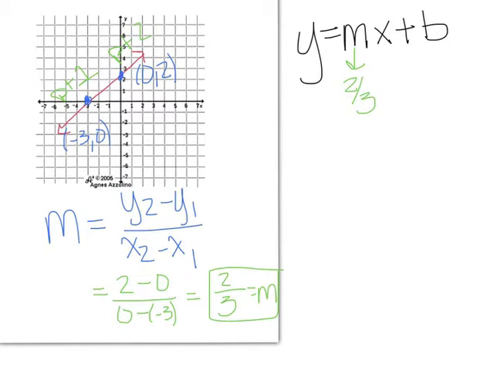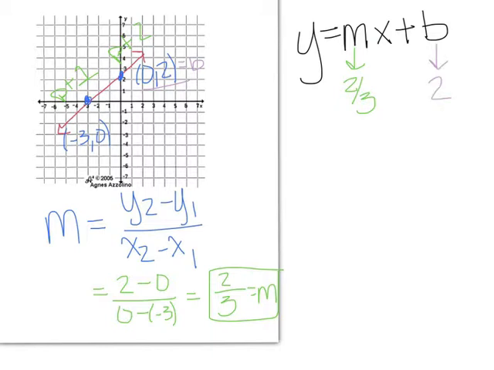Then we'll need the y-intercept. And the y-intercept, remember, is what happens to y when x is 0. So we have the y-intercept right here. So when x is 0, y is 2. So our y-intercept is 2.